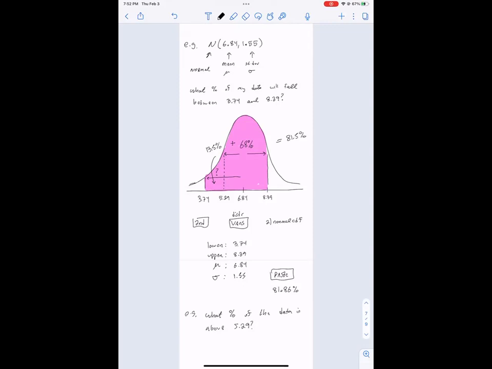So are we getting from 5.29 and then past 8.39 as well? Just above 5.29. I didn't say anything about a limiting point.